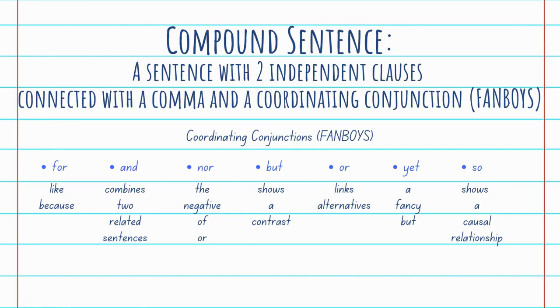So for is like because, and combines two related sentences, nor is the negative of or, but shows a contrast, or links alternatives, yet is just a fancy way to say but, and so shows a causal relationship.